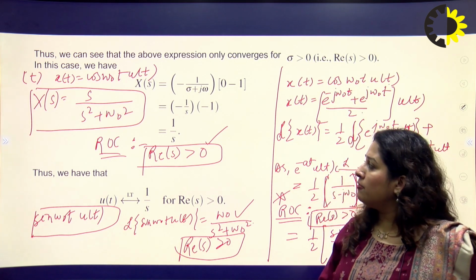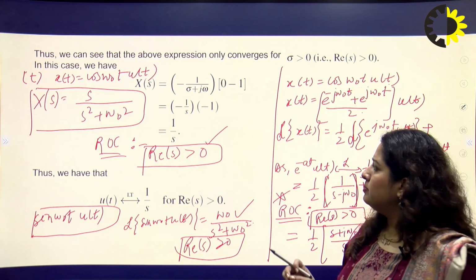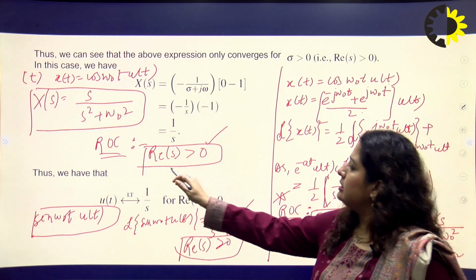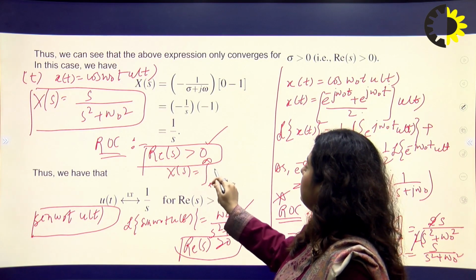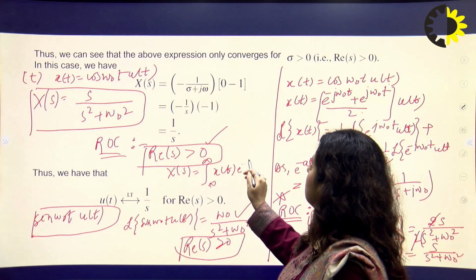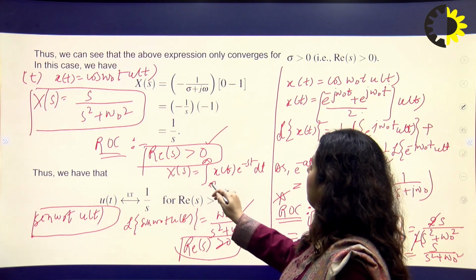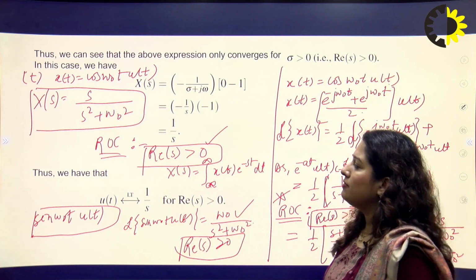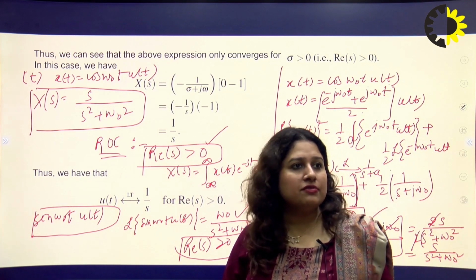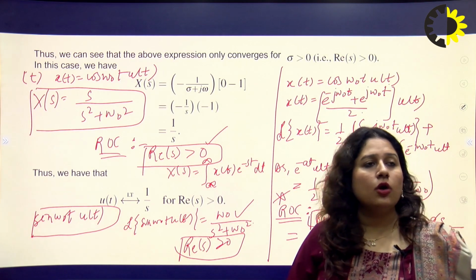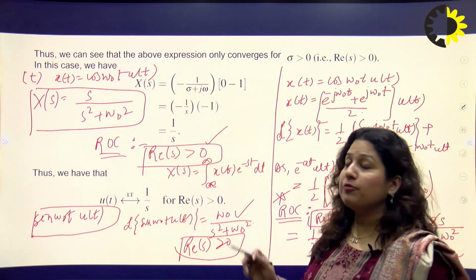With the help of the basic formula, that is X(s) equals the integral from minus infinity to infinity of x(t) e to the power minus st dt, you can find the values of these particular functions. Similarly, we have different properties of the Laplace transform with which we also solve these types of problems.